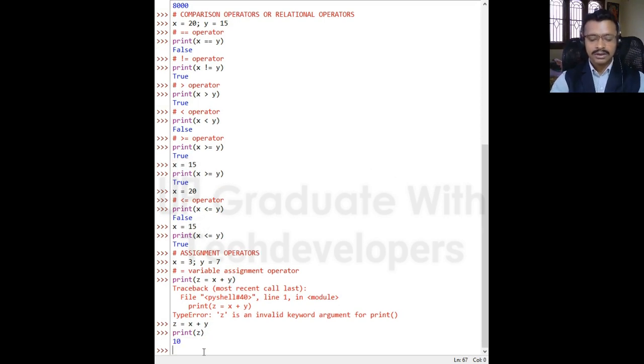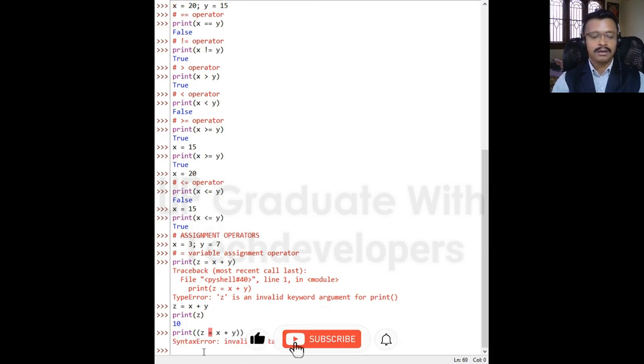Let us see if we can do the expression within the parentheses, z is equal to x plus y. Then also it results in an error, invalid syntax, so we can't use that expression. So anyway, let us continue.